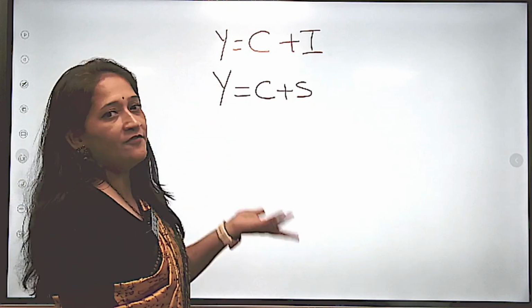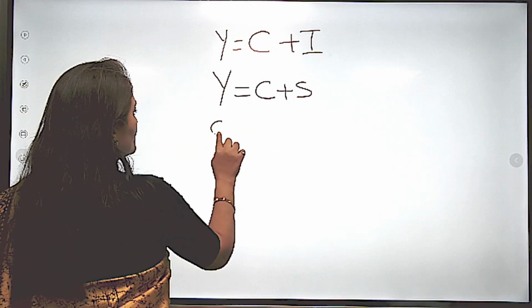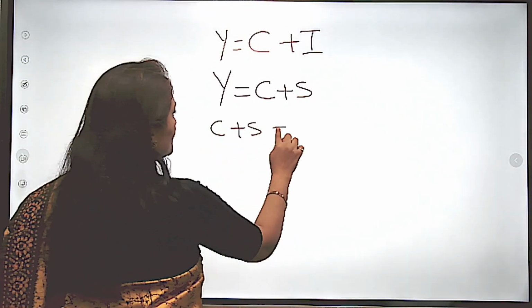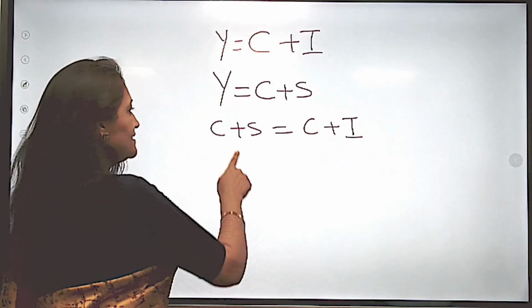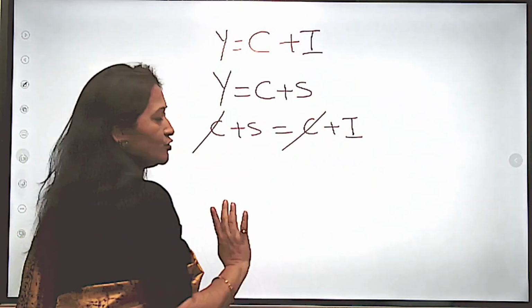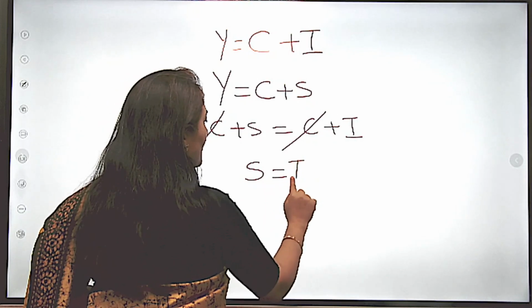Now, since both are Y, we can bring them together. So C + S = C + I. You can see C gets cancelled out, and finally we get S = I.